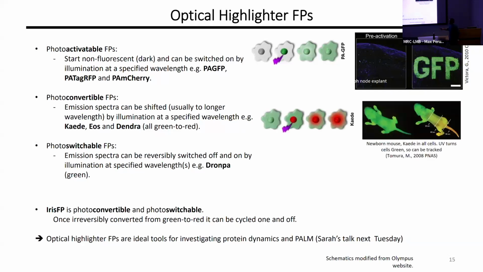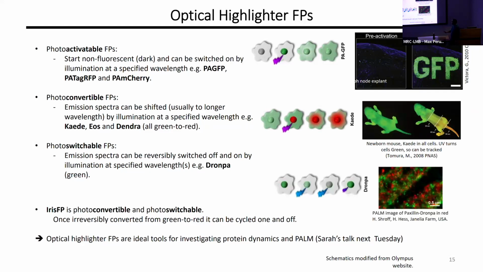You also have photoconvertible fluorescent proteins: if you illuminate with a specific wavelength, it changes its color from green to red. You also have photoswitchable fluorescent proteins, so you can switch them on and off using different wavelengths of illumination. And then you also have IrisFP, which is both photoconvertible and photoswitchable. So these are examples of things you can use with specific fluorescent proteins.